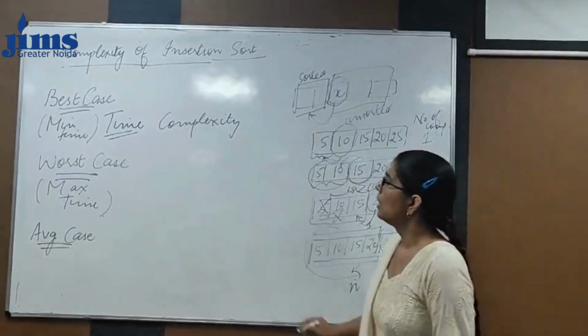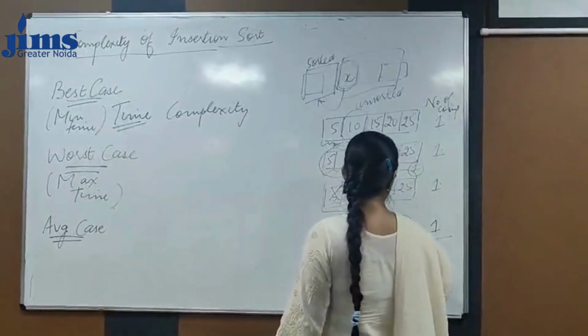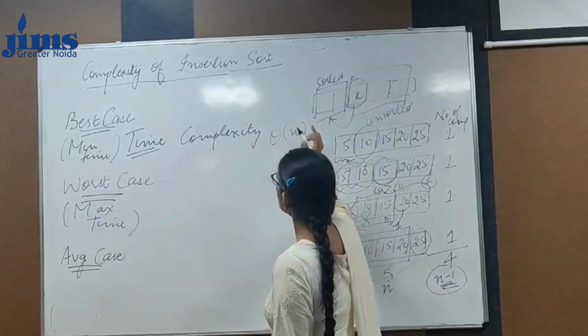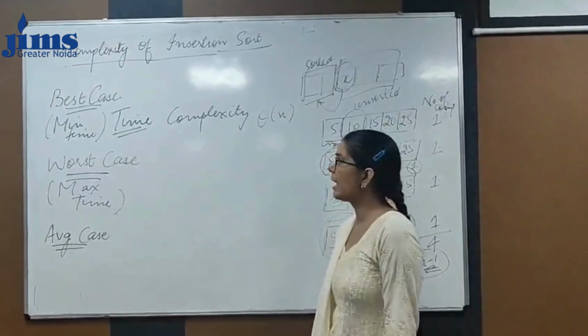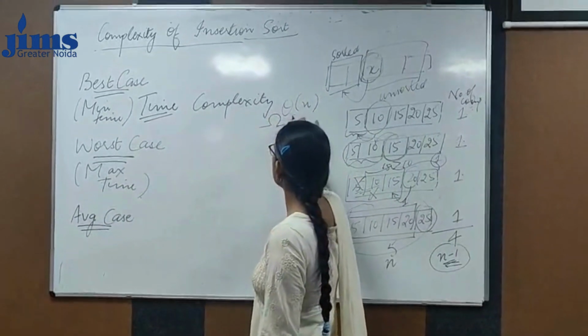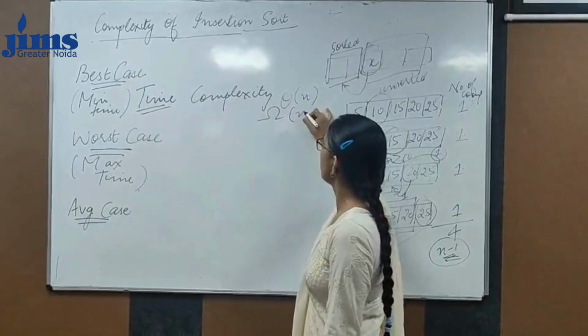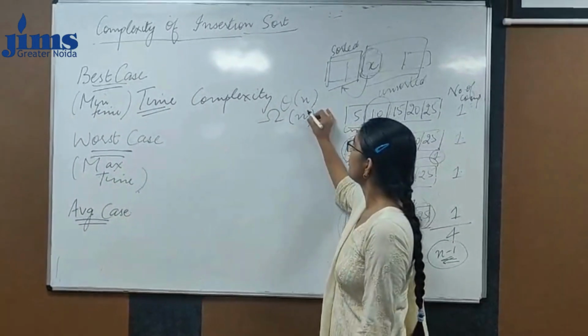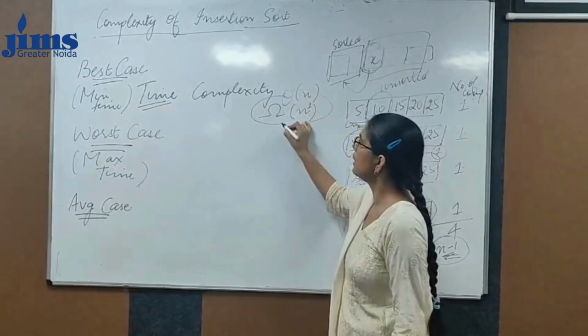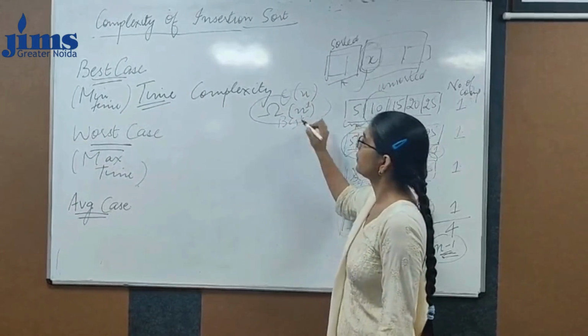Now what is the asymptotic notation of n minus 1? It is theta of n. So since it is the best case, the complexity in the best case scenario, represented by omega, is n to the power 1. This is the time complexity of insertion sort in the best case scenario.